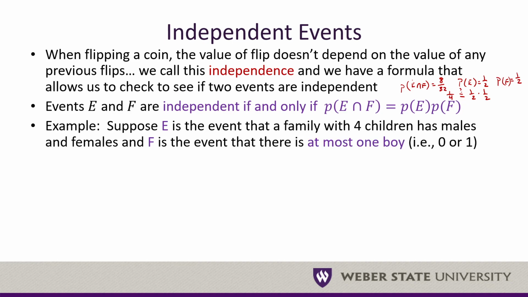Let's take a look at something a little different, and see how we can actually use this. Suppose that a family has 4 children, with males and females, and that F is the event that there is at most one boy. In other words, there are 0 or 1 boys within the family.